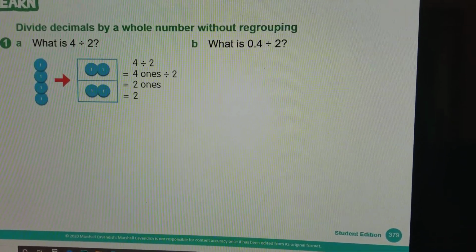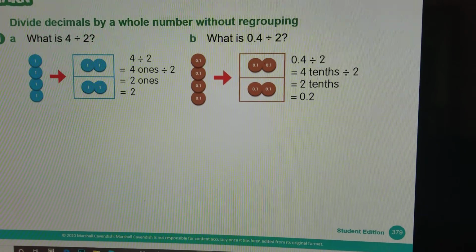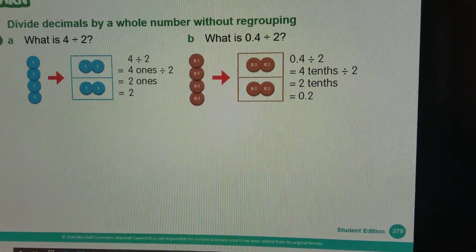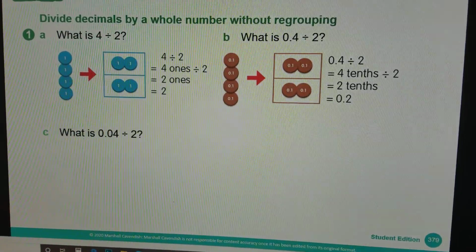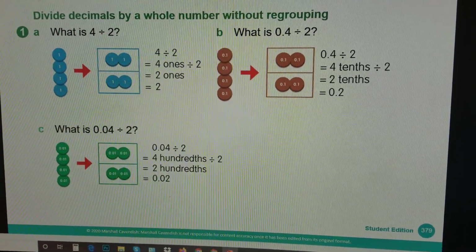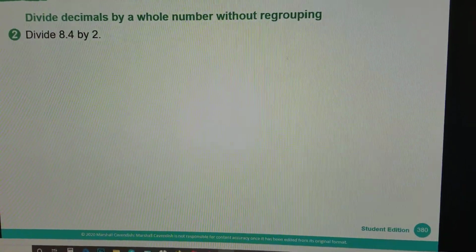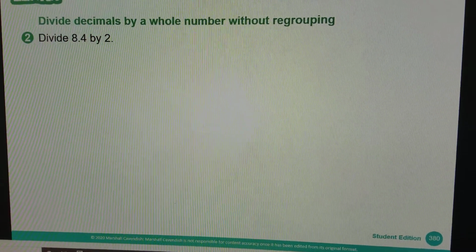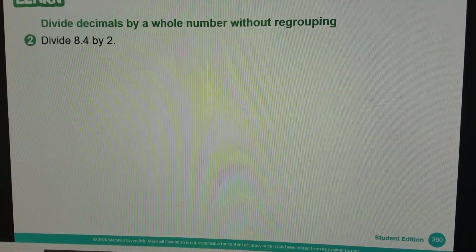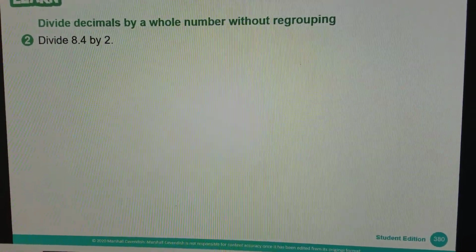Then I know each person would get 2 tenths, right? 4 tenths, let's say I had 4 dimes and 2 children, each child would get 2 dimes. What if I told you I have 4 pennies and 2 children, each child would get 2 pennies or 2 hundredths, right? What if I told you I had $8.40 or 8.4 divided by 2, right? These are even numbers to work with.